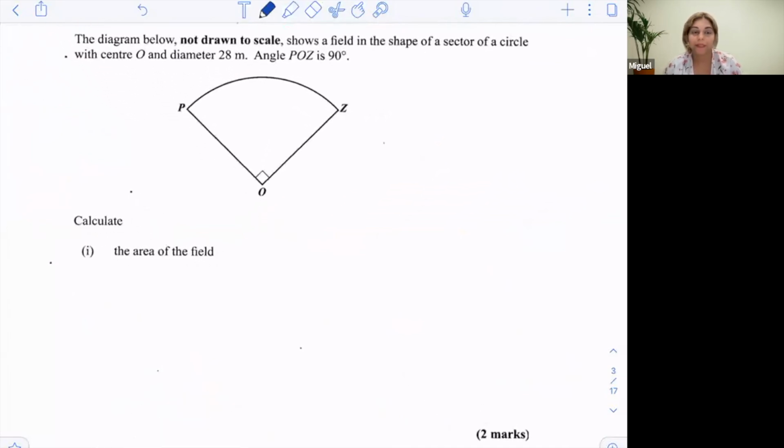The diagram below, not drawn to scale, shows a field in the shape of a sector of a circle with center O and diameter 28. If they give you the diameter, how do we find the radius?